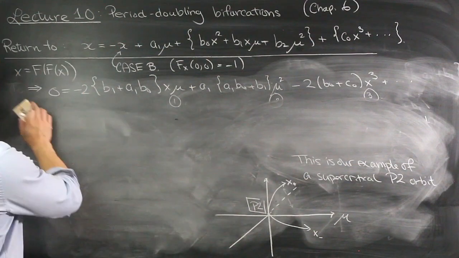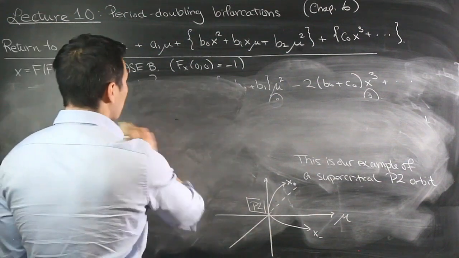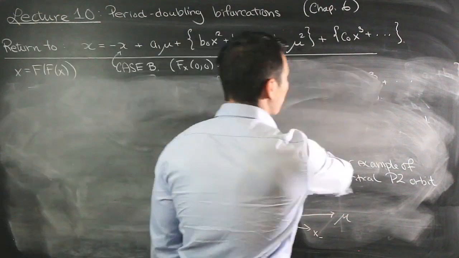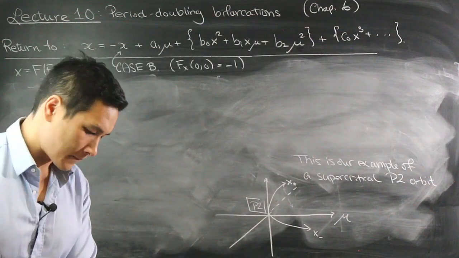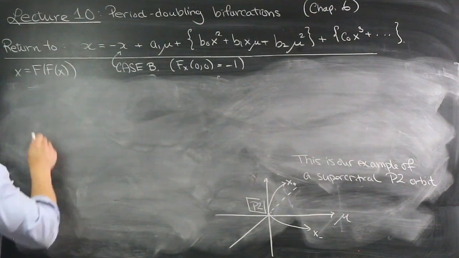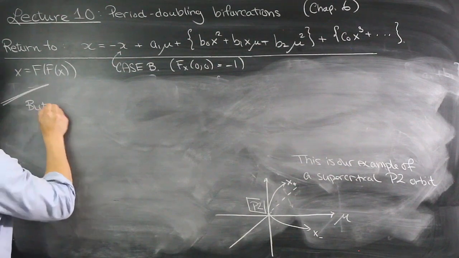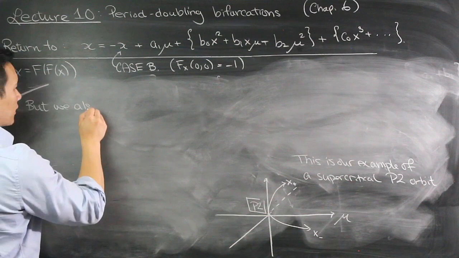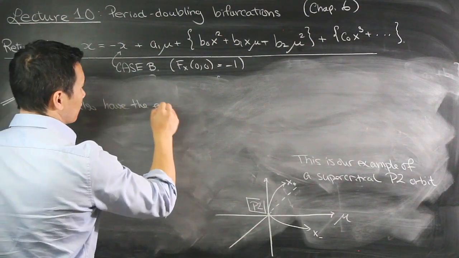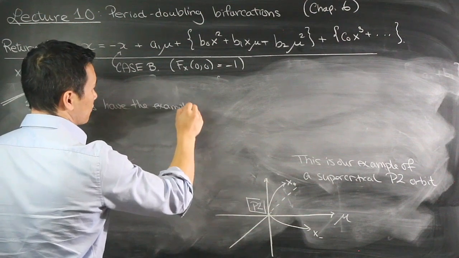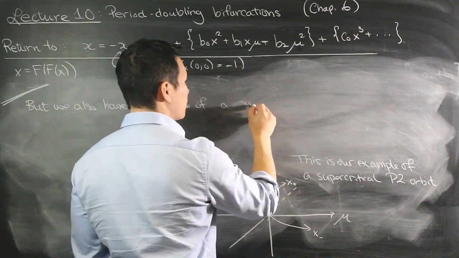Okay, but you can also have the case of a subcritical orbit. Let me erase this line here. But we also have the case of a subcritical P2 orbit.